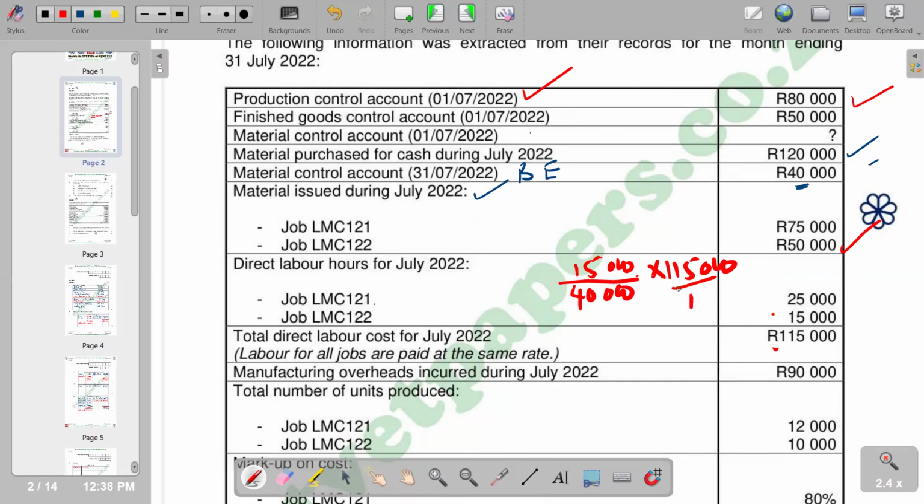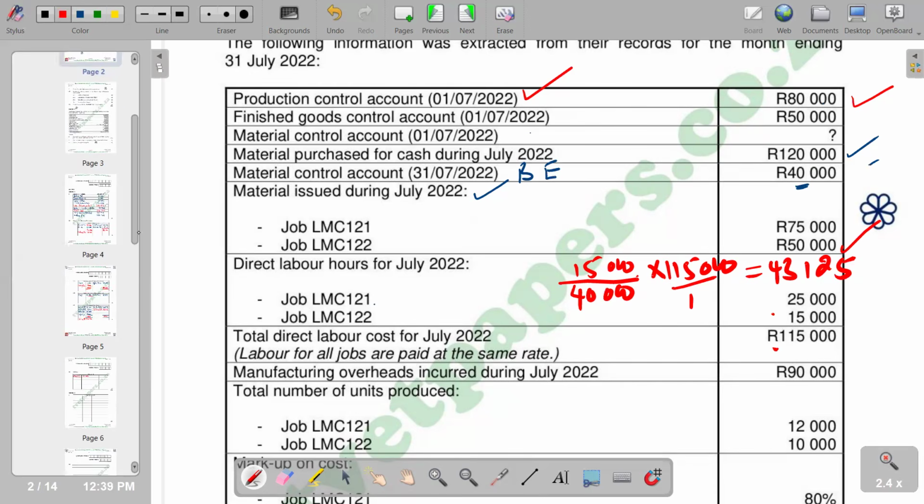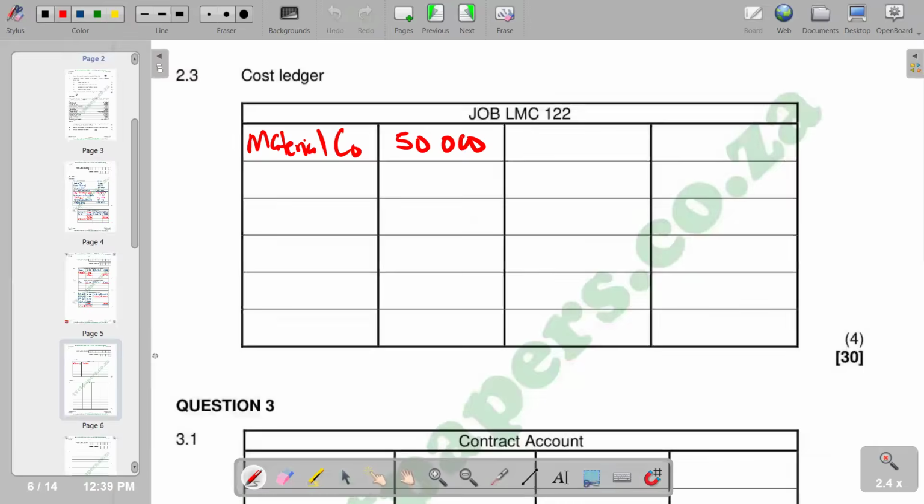In this case, we are calculating the labor control figure, which we are going to get as 43,125 rands. So we go to the debit side and put it as our labor control: 43,125.